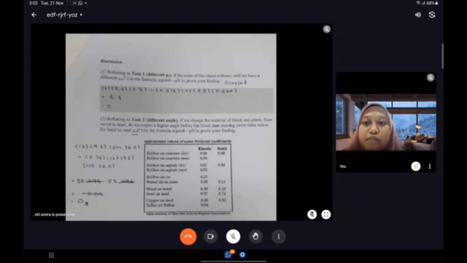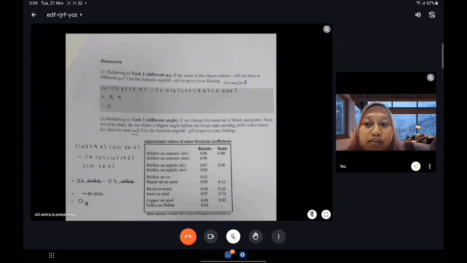Discussion number 2, referring to task 2, different angle. If we change the material of block and plane from wood to steel, do we expect a higher angle before the block starts moving? Refer to the table below. For steel to steel μs, use the formula mg sin theta minus μs mg cos theta to prove your finding.